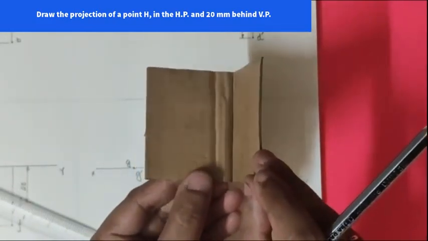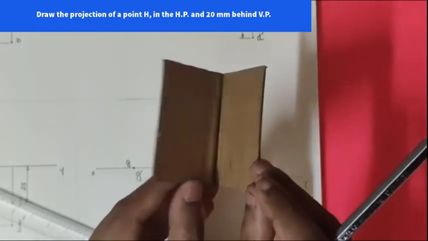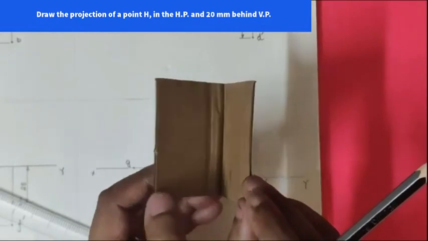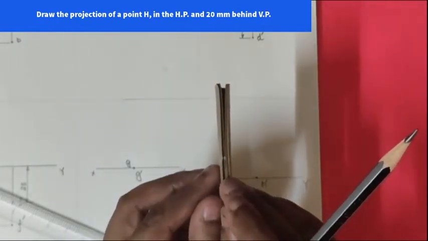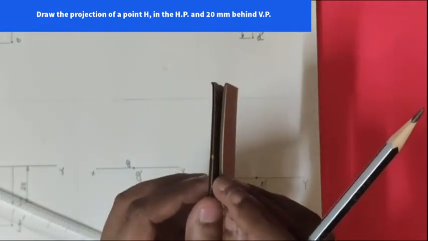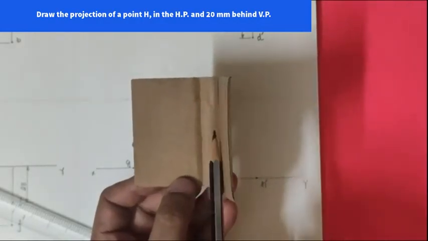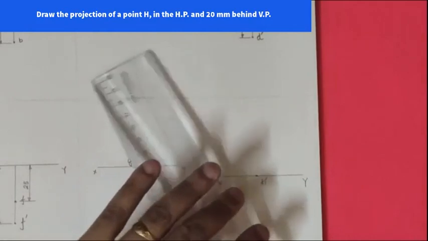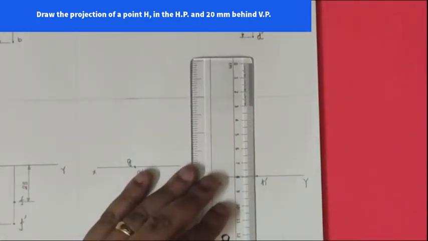Next step, you have to rotate the plane. On rotating the plane, what happens? See, the point goes above the XY line. So XY line uporot gusi gol, kiman distance ot? This is 20 mm distance. So 20 mm distance loi pelai, you draw the top view.